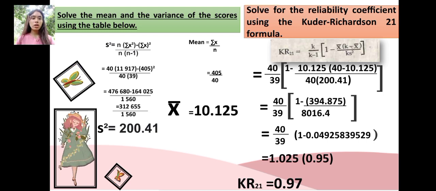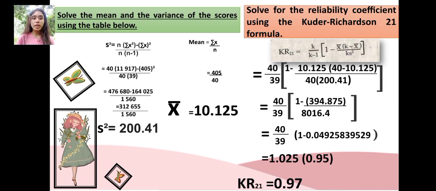Then 1, big open bracket, then a negative sign, and then our mean value is 10.125, times the quantity of our number of items, 40, minus the mean value, 10.125, then over K, or number of items, multiplied by the variance. The variance is 200.41.